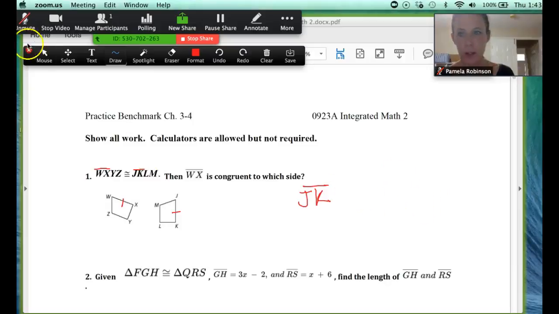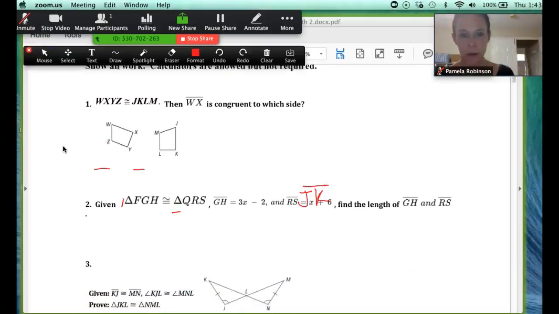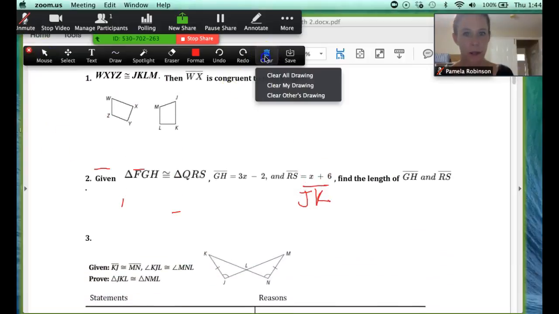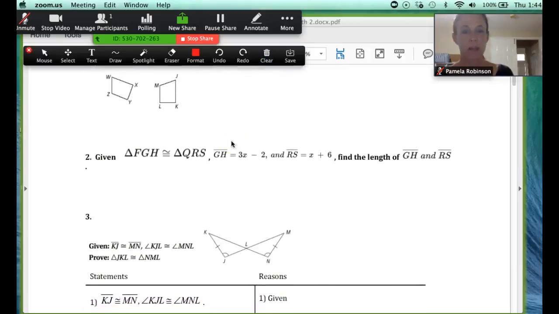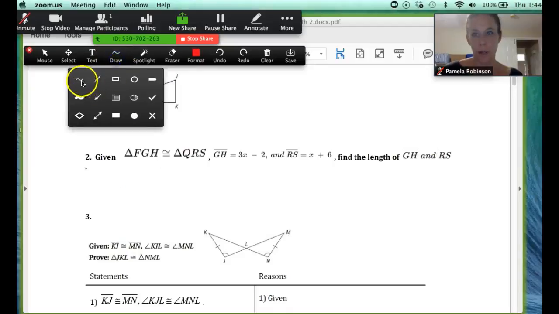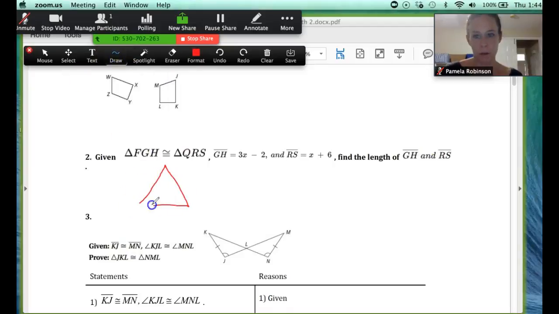All right, let's go down to number 2. Given triangle FGH congruent to triangle QRS, find the lengths of GH and RS. If I draw a quick triangle, F, G, H, and then another triangle, Q, R, S. They tell us these two are congruent, so their parts are congruent.